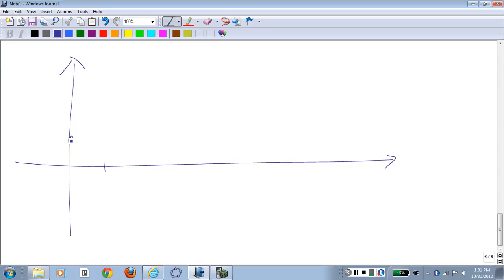Another second ticks away, and the particle goes up here. There's a horizontal tangent line. Another second ticks away, and the particle kind of does that. I don't know if I necessarily want a horizontal tangent line, but let's say something like that.